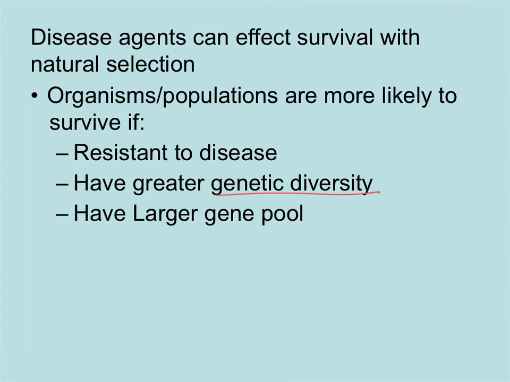Let's talk about bacteria for a second. Back when we talked about mitosis and meiosis and reproduction, we mentioned that bacteria reproduce asexually, and because of that, they are genetically identical. They're clones. That causes them to die easier.